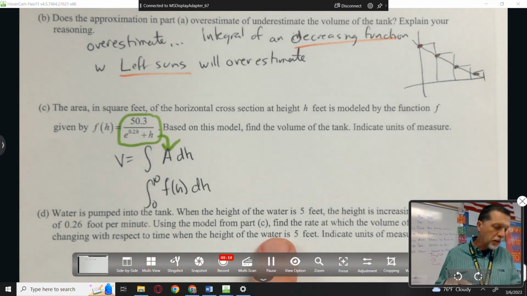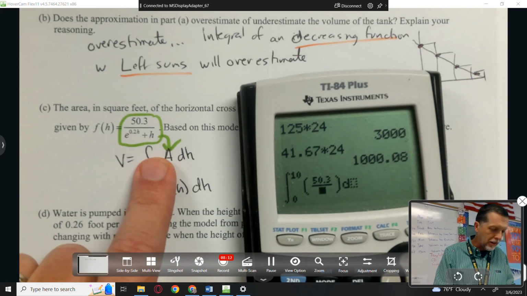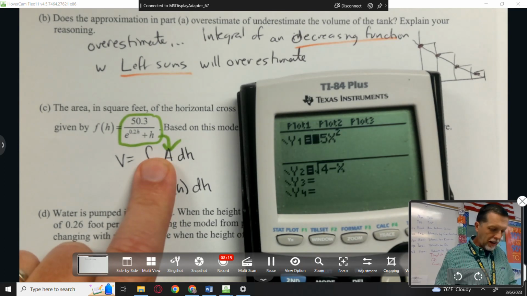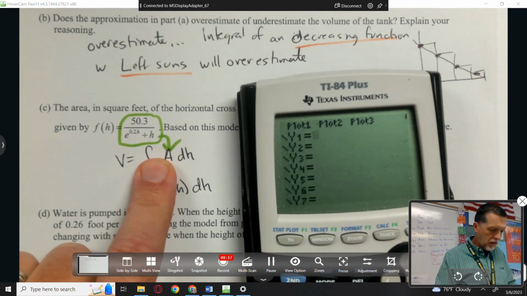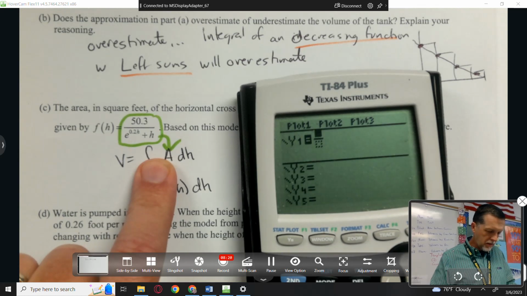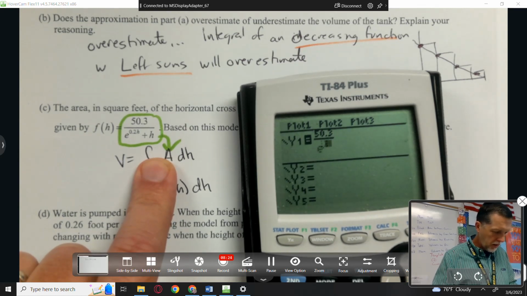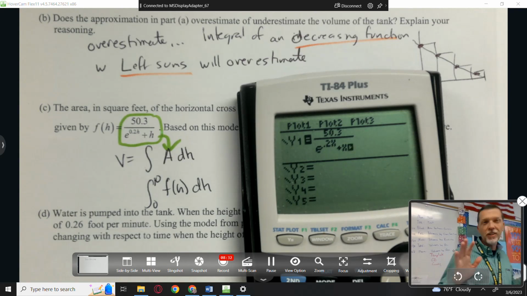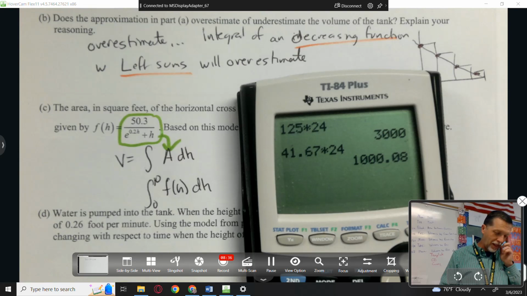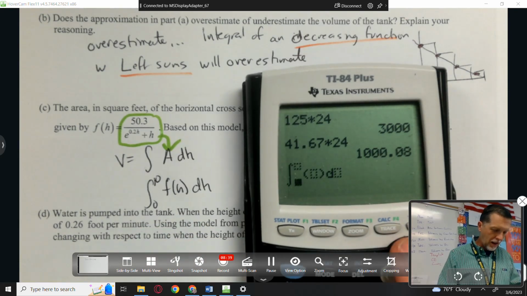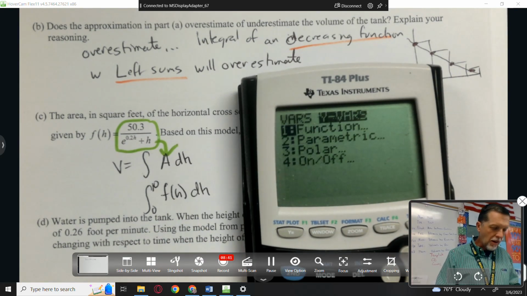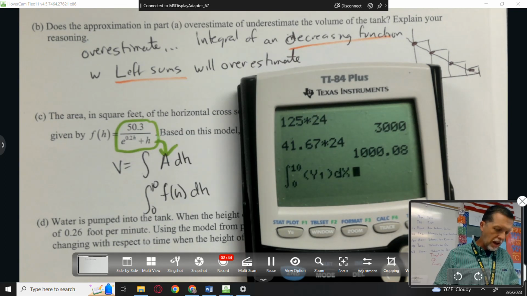Part D says using the model from Part C, so maybe I should put it in for y1, because I might need it again. I'm not even going to graph it because I don't care what it looks like. It's probably weird. So math 9, 0 to 10. Now I can use y1 dx.